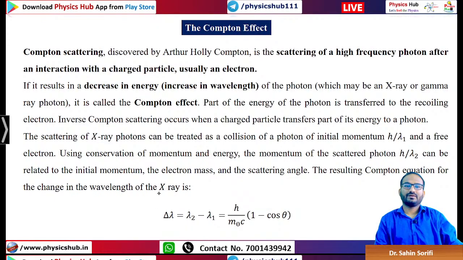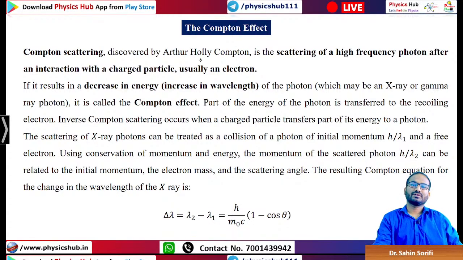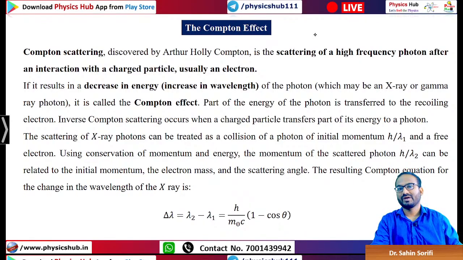In the photoelectric effect, what we have done is send photons and the electrons got emitted. Now in the Compton effect, this also gives you direct evidence of the particle nature of radiation. Compton scattering, discovered by Arthur Holly Compton, is a scattering of a high frequency photon after an interaction with a charged particle, usually an electron.